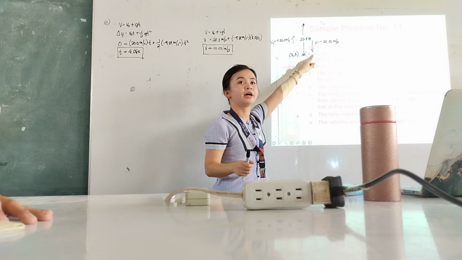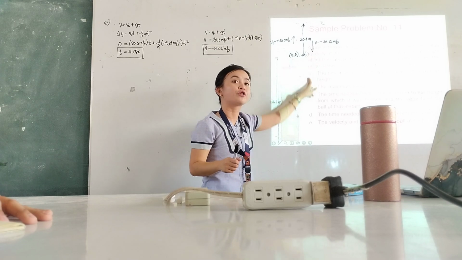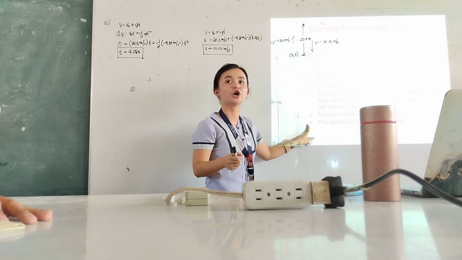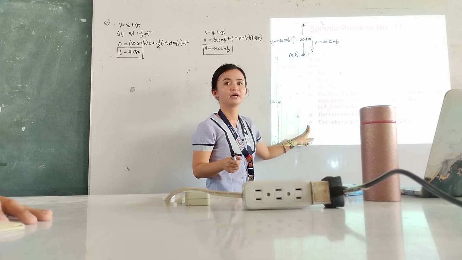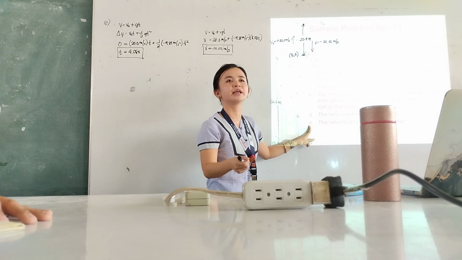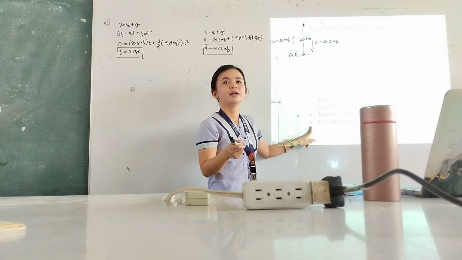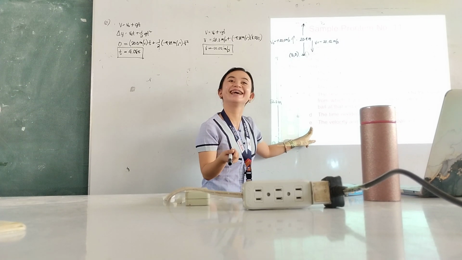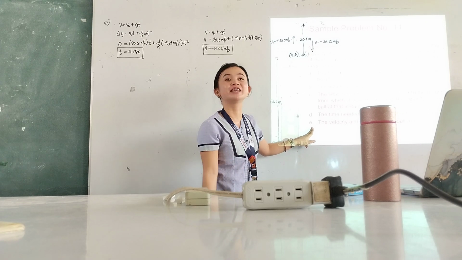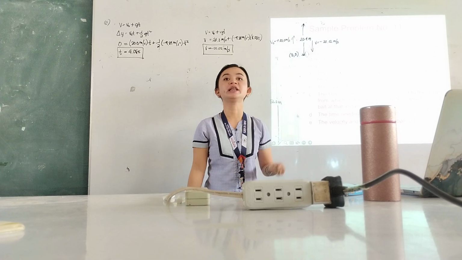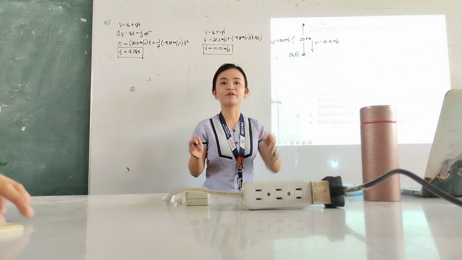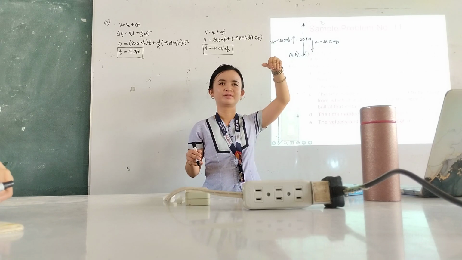Question: consistent or constant ba ang negative 20 meters per second all throughout the downward motion? No, mag-increase siya, ma'am. Why? Because of acceleration, gravity. So if there's no gravity, constant lang.